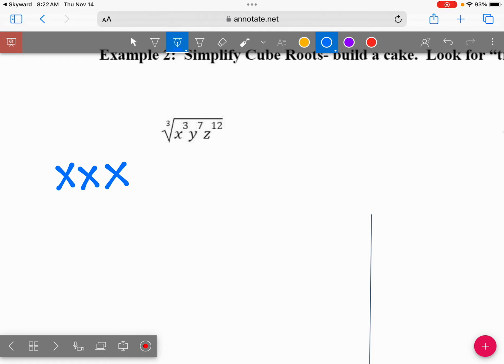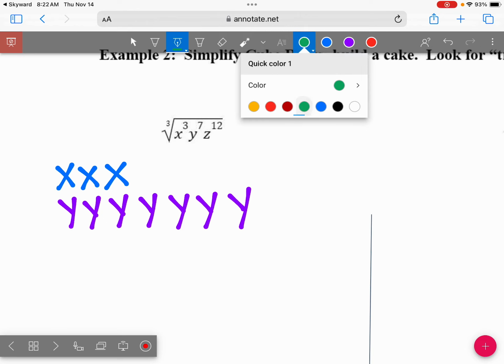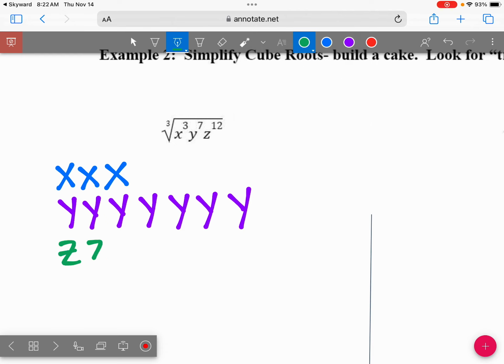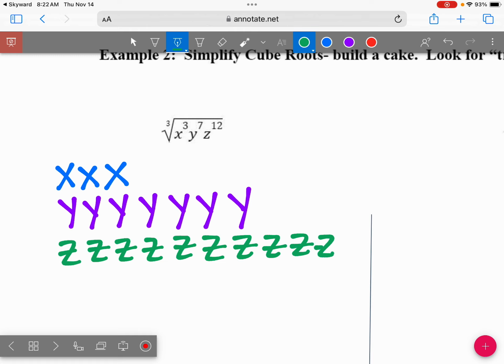So I have 3 X's, 7 Y's, and 12 Z's. Okay. So go ahead and circle your groups of 3s.